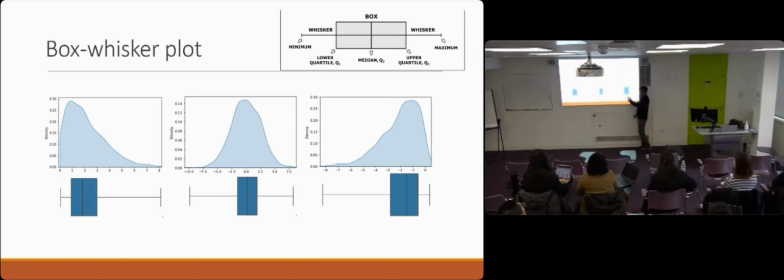Because the line in the middle of the box is the median. It says 50% of the data is on this side and 50% is on this side, and in the box, 25 is here, 25 is here. So this box covers the 50% of data in the center around the median.